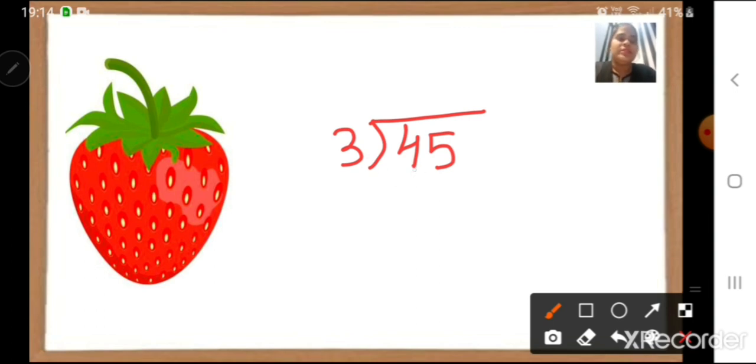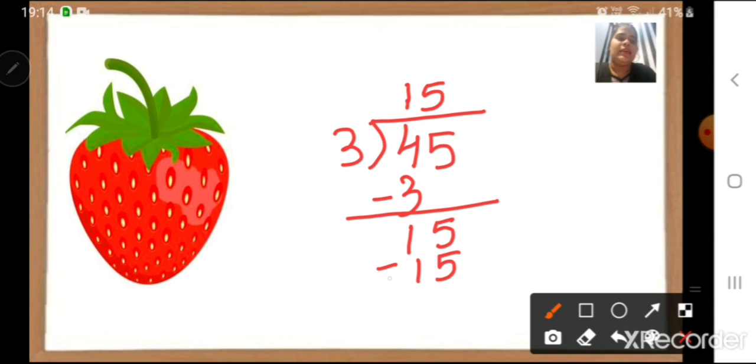The first number here is 4. So it will divide because it's a bigger number. So 3 ones are 3. Put your minus sign. 4 minus 3 is 1. Then the next number will come down, which is the number 5. Okay, it is 15. Now 3 what's are 15, children? 15 will go in 3's table, right? 3 5s are 15.